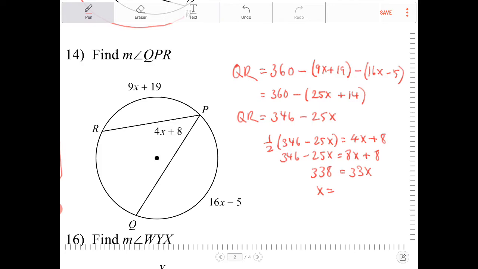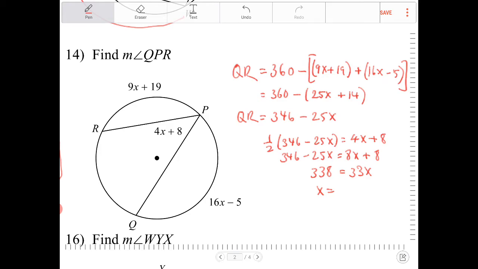So 360 minus 9x plus 19 minus 16x minus 5. That would be equivalent of 25x plus 14, and 360 minus 14 is 346. That is correct.